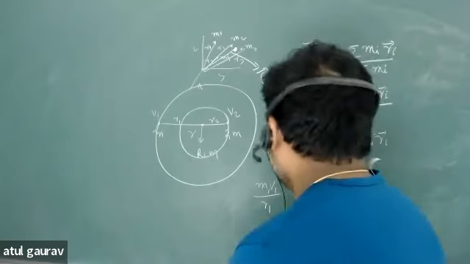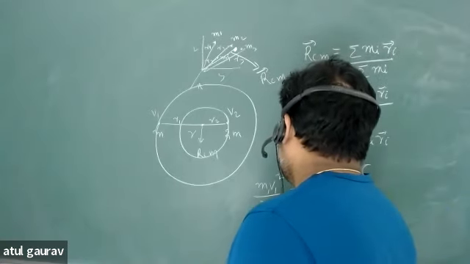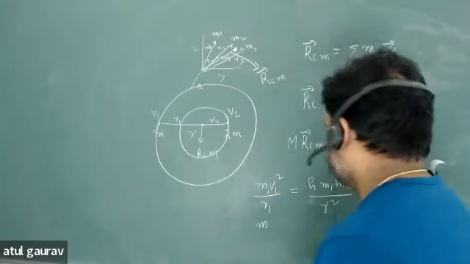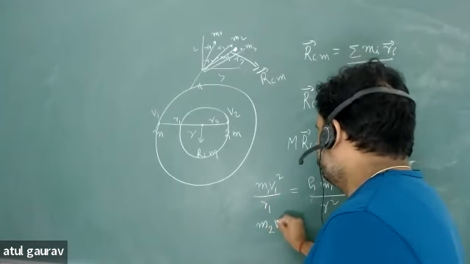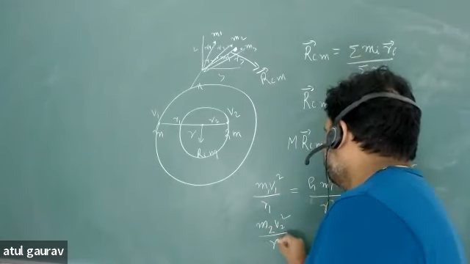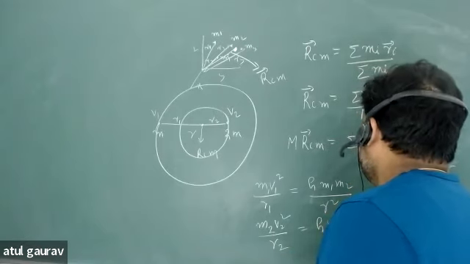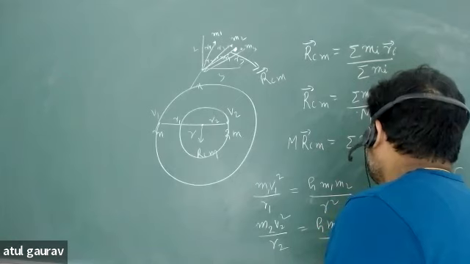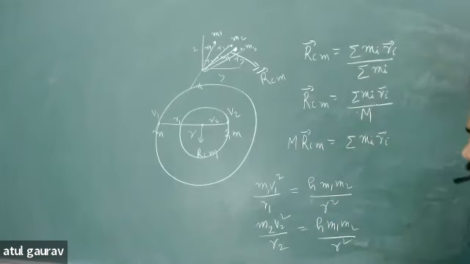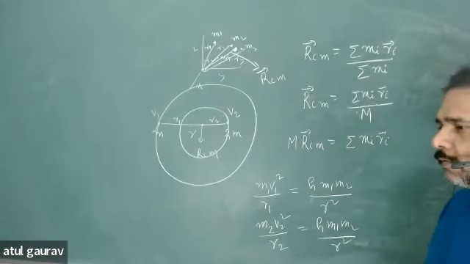What about the second particle? Tell me, what will it be? m2 v2 square upon r2 is equal to, again, G m1 m2 upon r square. Yes or no?